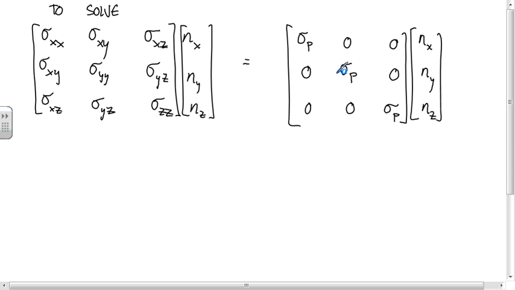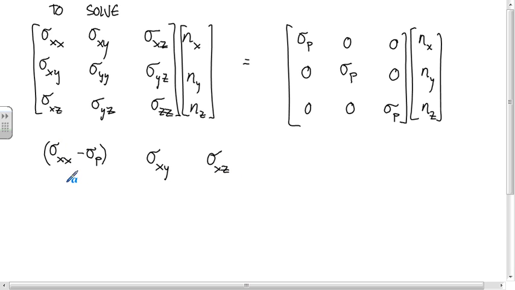And now subtract the right side from both sides, and you end up with this expression. So sigma xx minus that principal stress, sigma xy, sigma xz.